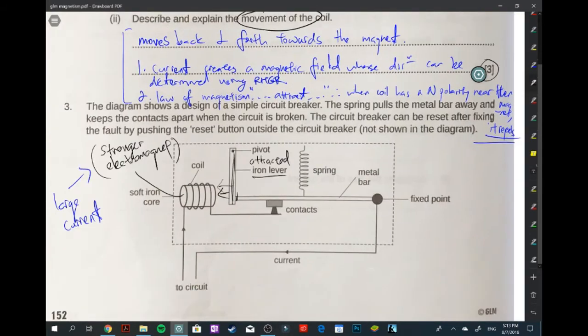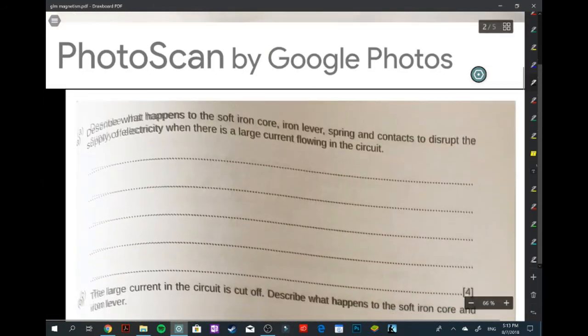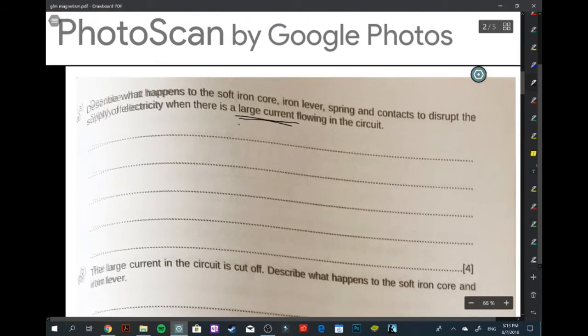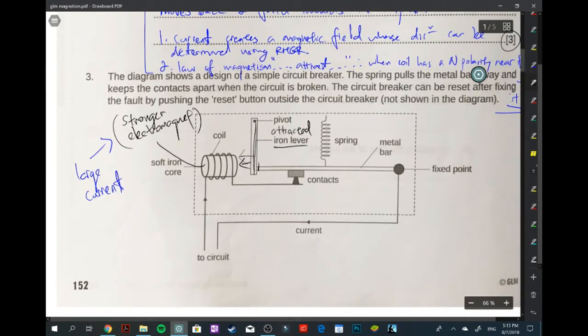Okay, so question 3 asks now. One of the main phrases here is the phrase large current. So what happens when a large current passes through this entire circuit breaker?